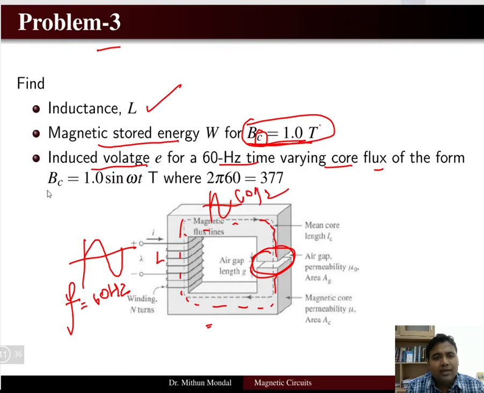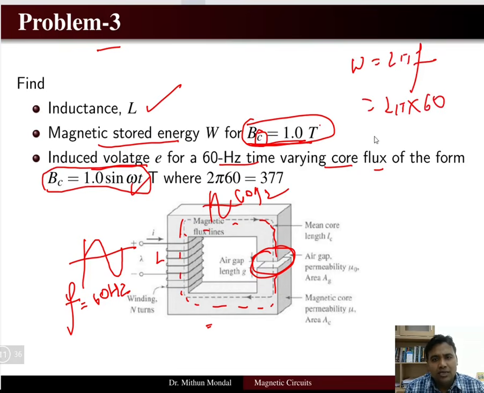And then the flux density becomes 1 sine omega t, where omega you can easily write as 2 pi f. With a frequency of 60 hertz, you will get 377 radian per second. So three parameters you have to determine: the inductance, the magnetic stored energy, and the induced voltage of the core.